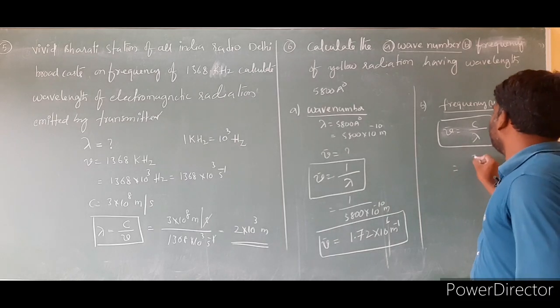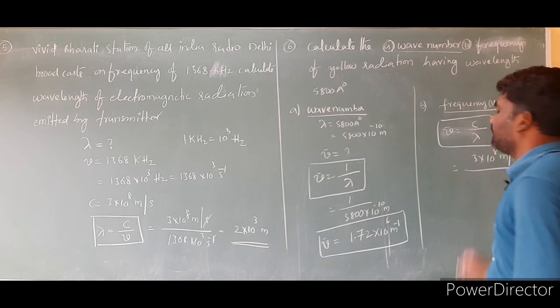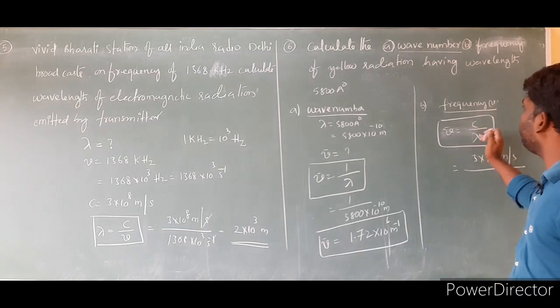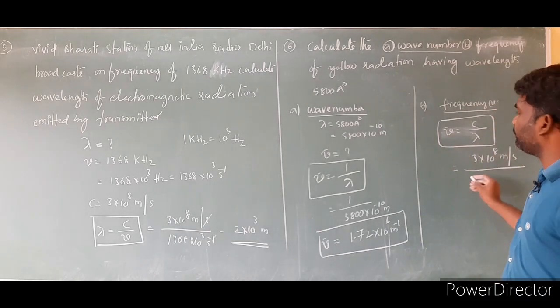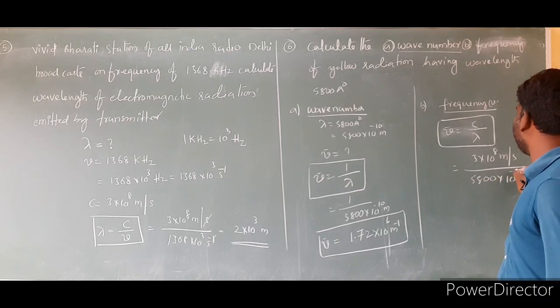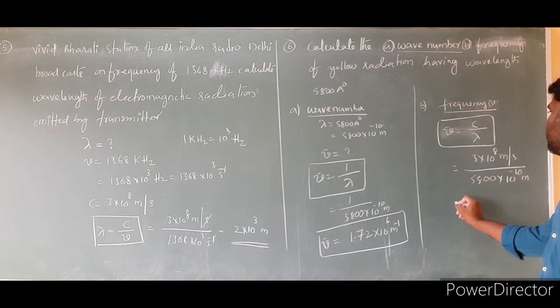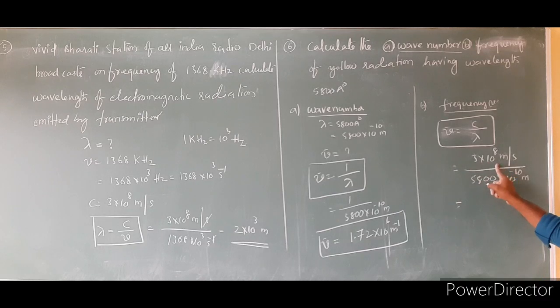So that is equal to 3 into 10 to the power of 8 meter per second by what is given? Wavelength. Wavelength is how much? 5800 angstroms. So 5800 into 10 to the power of minus 10 meters. So this is the wavelength given to us. So 3 into 10 power 8 meter per second.